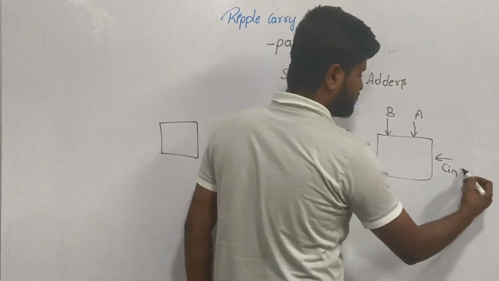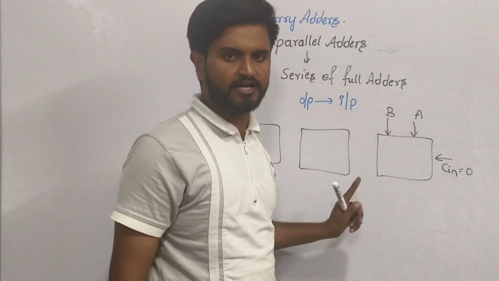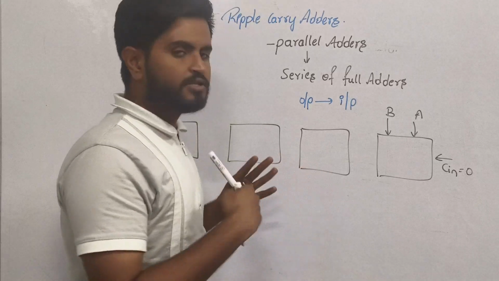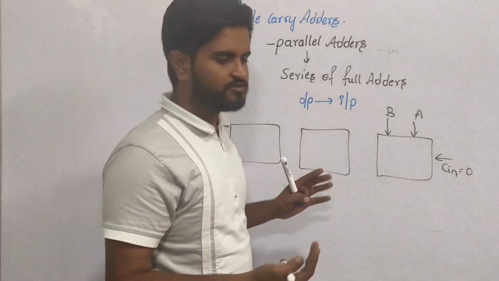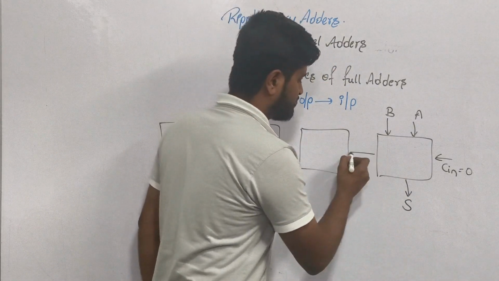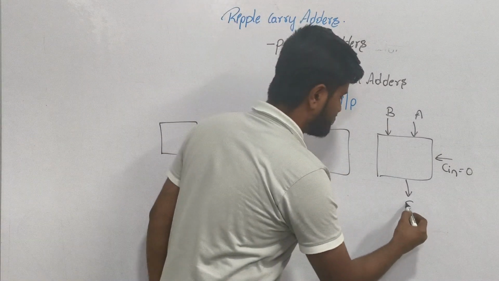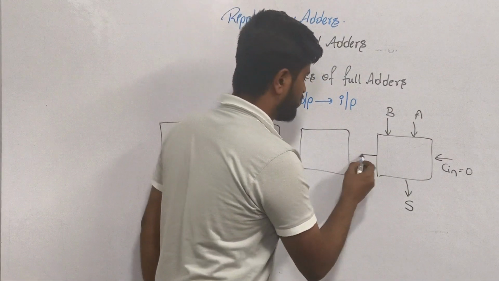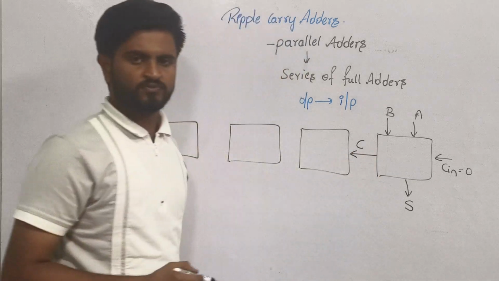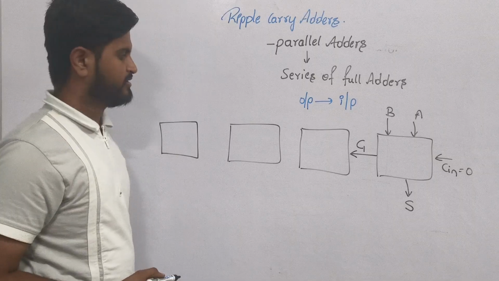At the starting the carry input will be equal to 0 since it is the first full adder. Now what are the outputs of the full adders? We will have sum as one output and the other output will be carry. So this is of the first one, C1 I will take.